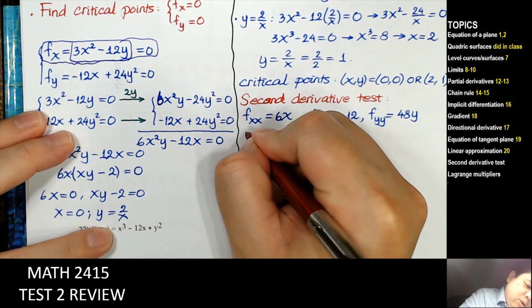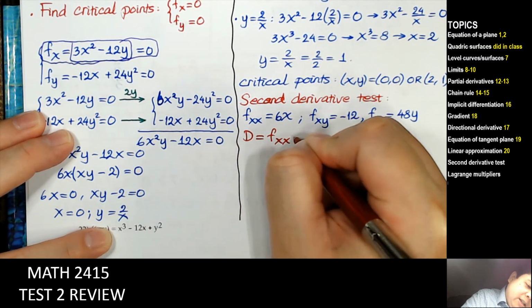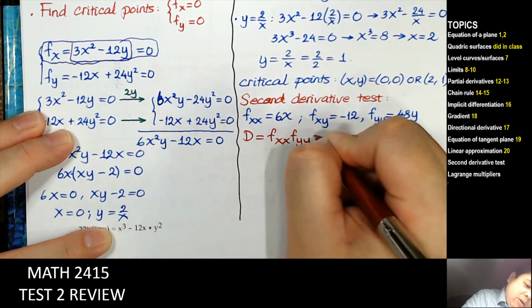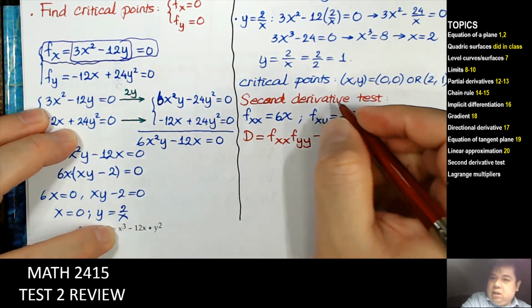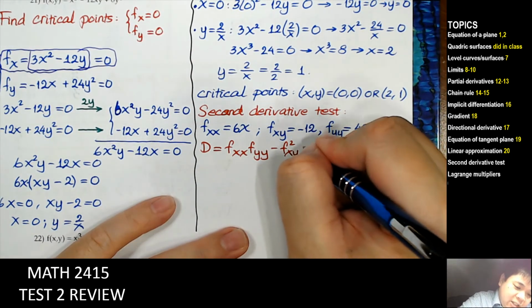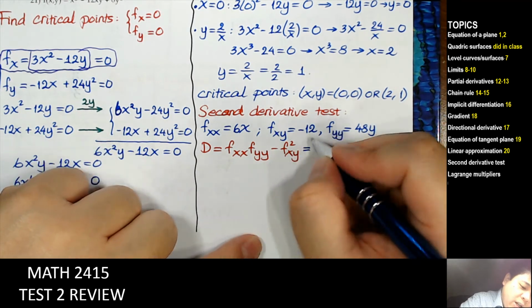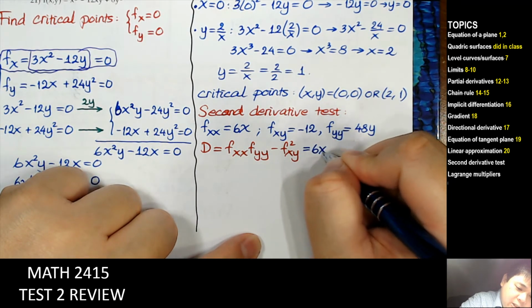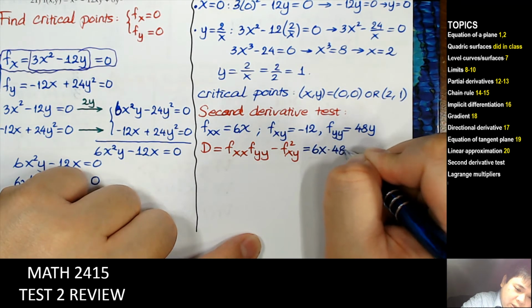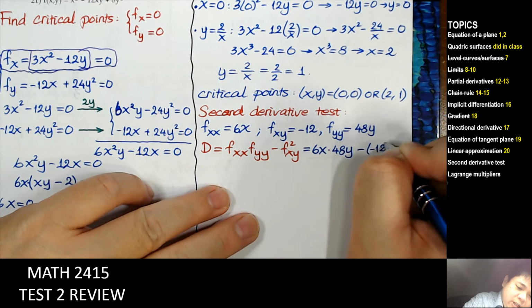Discriminant: fxx fyy minus fxy squared. So we have fxx, 6x, times 48y, minus negative 12 squared.